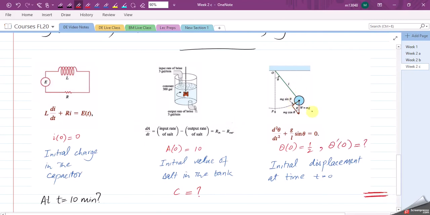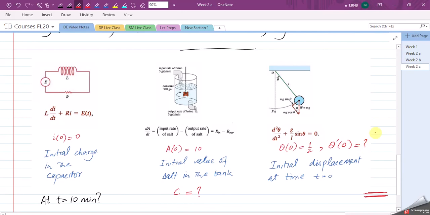For this pendulum problem, the equation is a second order differential equation, d2 theta over dt square, where theta is the displacement of the pendulum from the vertical axis. Our initial conditions, we need 2 of them. For a second order equation, we need 2 conditions.